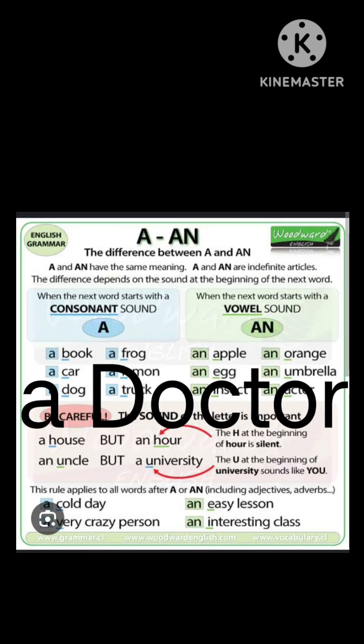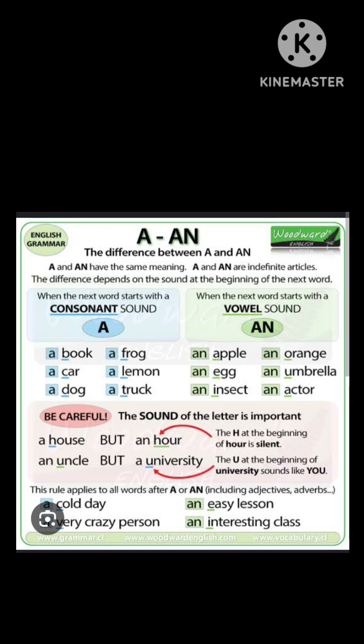Uses of the indefinite article a: before words beginning with a consonant sound. The vowels are a, e, i, o, u.